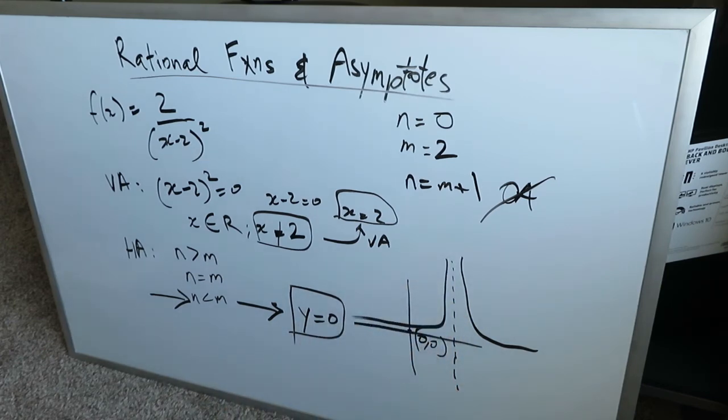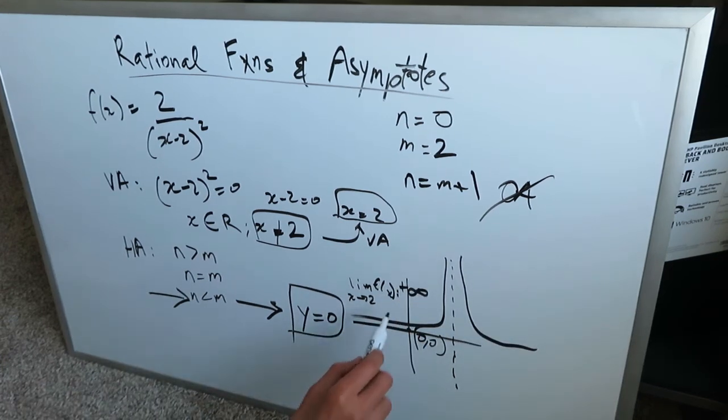Okay, and you can think back to the beginning of this lesson where I was talking about how you would write this in terms of limits. The vertical asymptote part: limit as x approaches your a value, which is 2. Remember 2, 0, 2. The function f of x exceeds all bounds in a positive infinity direction. And here we're approaching 2 from the left.